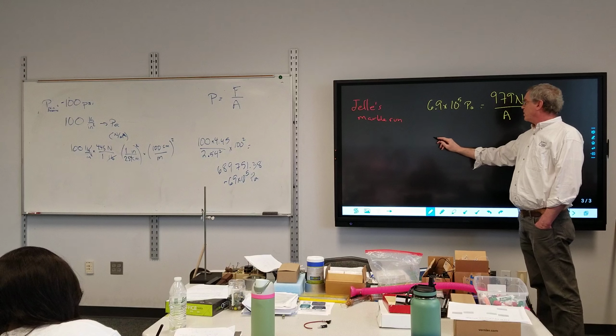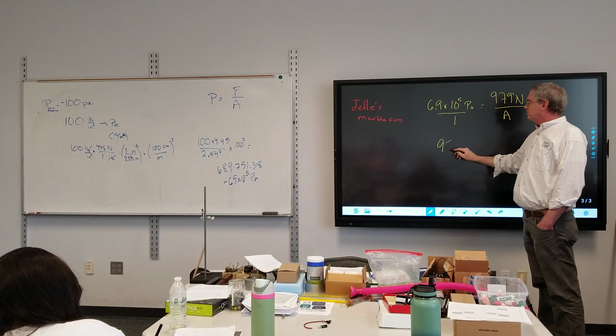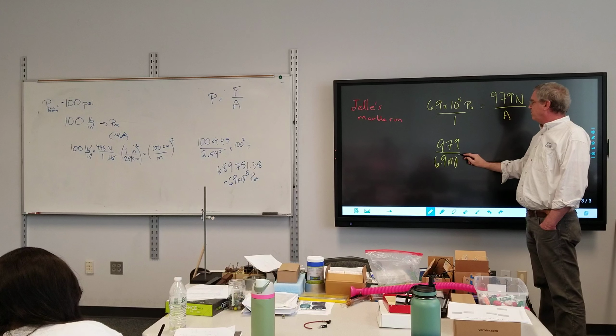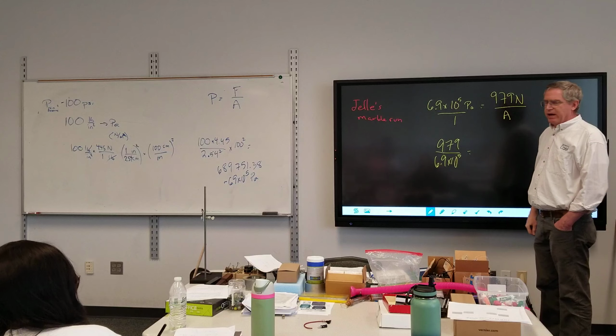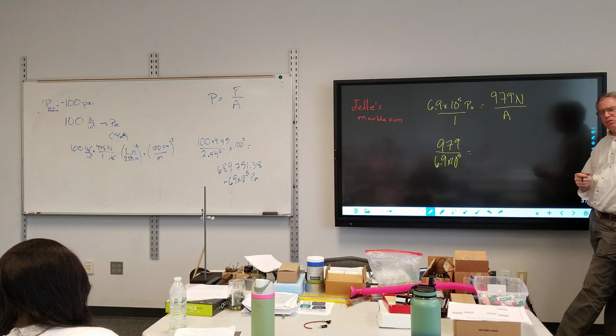So the math problem we're working on here: multiply the diagonal and divide by the number left over, so 6.9 times 10 to the 5th. And that's going to be the area, which someone is about to reveal to all of us.